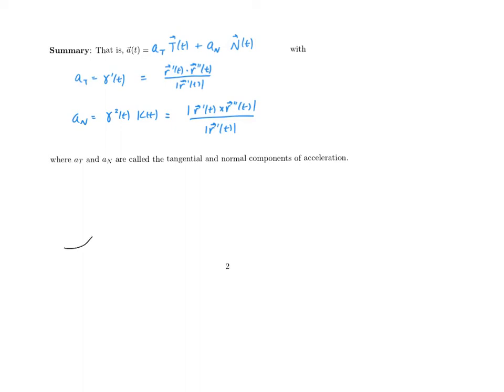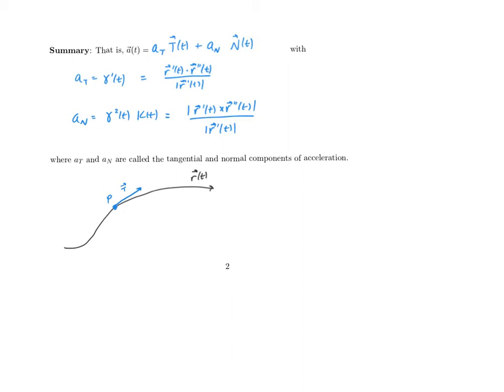Let me represent this graphically as simply as I can. Assuming we have some kind of space curve, I'm going to call it r of t. I'm not going to embed it in 3 dimensions, as I think that makes the picture a bit more difficult to see. But at a point on the curve, call this P, we have a unit tangent vector, going in the direction of the curve, unit length.